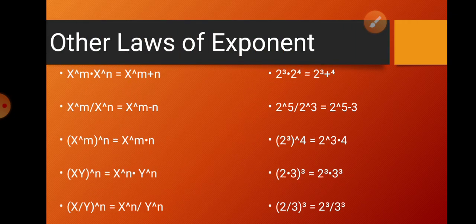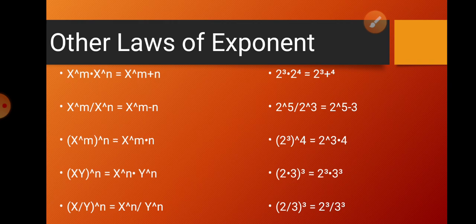And then other laws of exponent. First is if you have the same base and different exponent, and the operation that you use is multiplication, you can add the exponent.